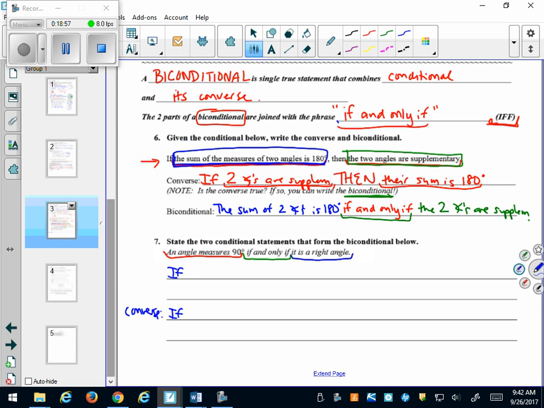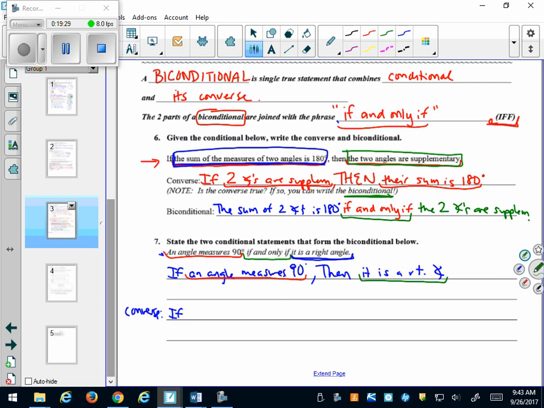So if an angle measures 90 degrees, so we're just using the hypothesis, then we'll use this, it is a right angle. So the converse is just going to switch that hypothesis and conclusion.